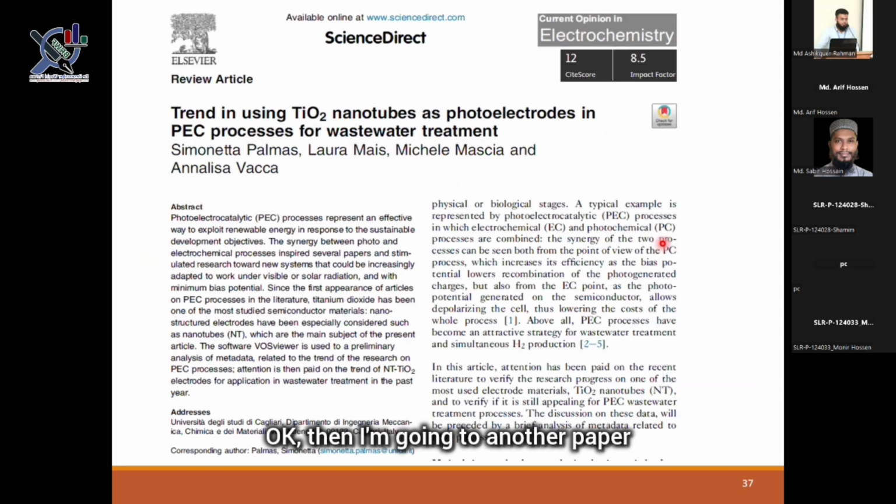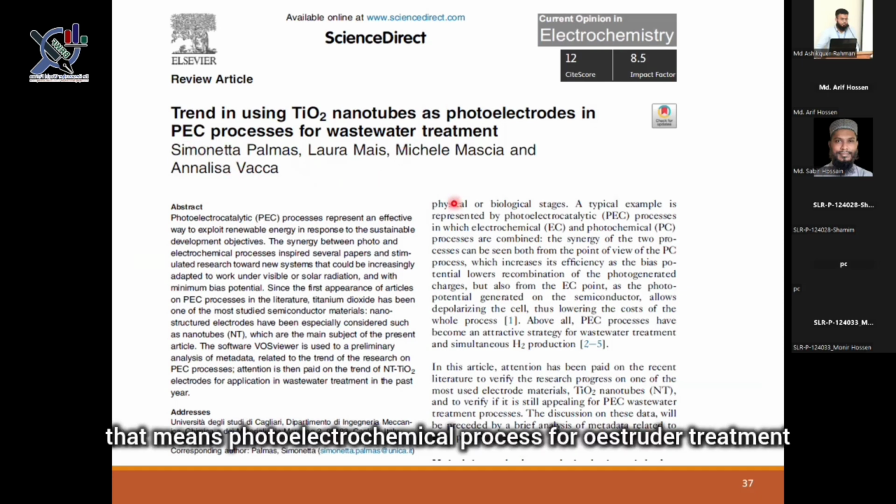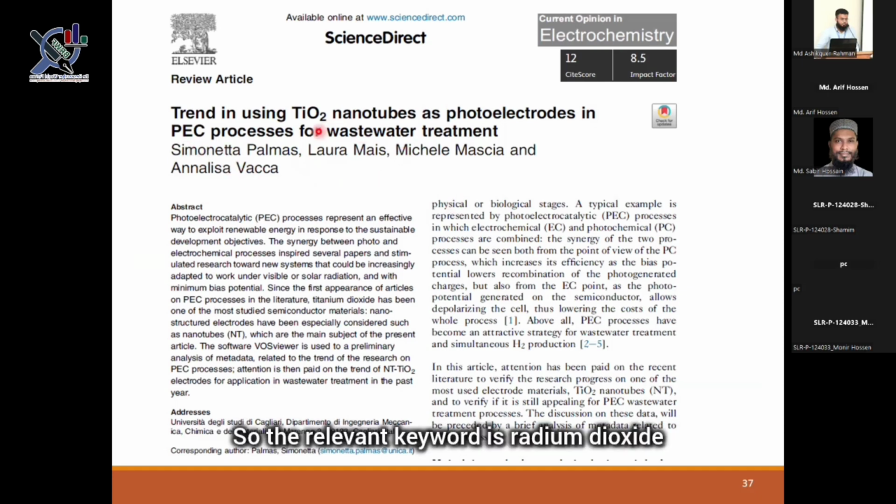Okay, then another paper, also published in Current Opinion in Electrochemistry. The impact factor is 8.5 and CiteScore 12. That paper is a kind of meta-analysis and systematic review. The title is the trend in using TiO2 nanotubes as a photoelectrode in PEC, that means the photoelectrochemical process, for wastewater treatment. The relevant keywords are titanium dioxide nanotube, photoelectrode, and the PEC process, and the application is wastewater treatment.